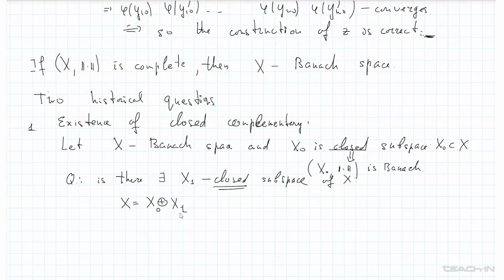It is a very convenient structure if you can divide your space into two subspaces, so you can consider, for example, a complex problem in the whole space through subspaces. So it is the question.